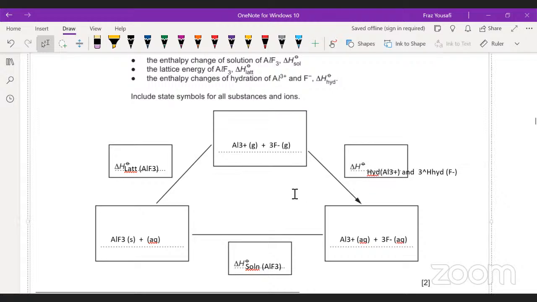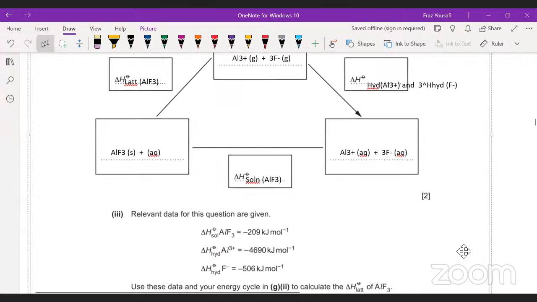That is what this second one will represent. So this is what, again, the Hess's law cycle would be.